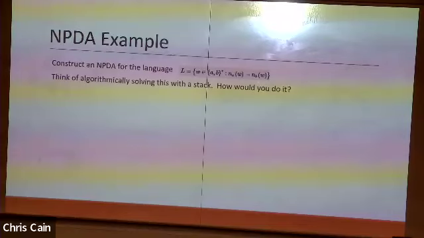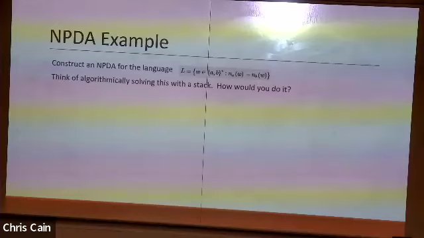Reading an A with A on the stack, it stays in Q1, and on reading B, I wouldn't push anything onto the stack, so it would pop. Then I had a lambda transition back to Q0 when it's empty, in case we go from more A's to more B's. In which case it goes back to Q0 and then reads in a B. I don't know, it's hard to explain.